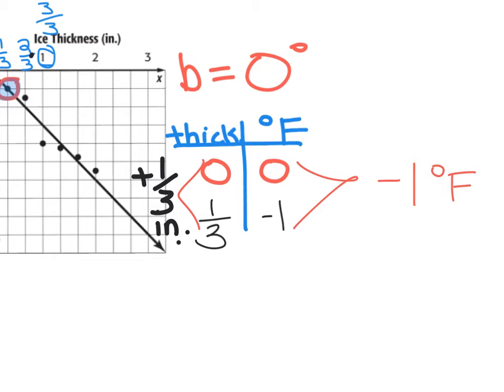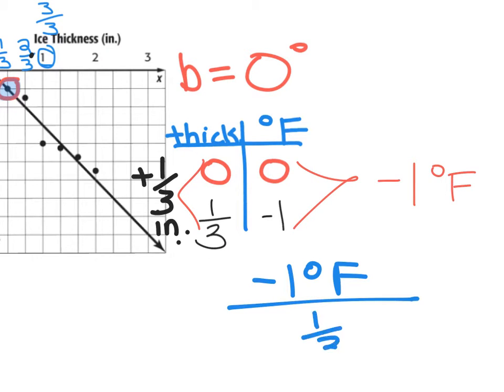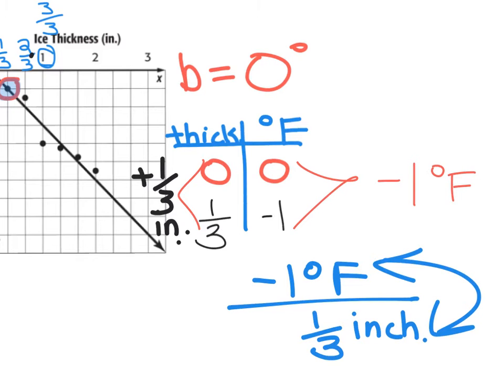Okay, so here is my rate of change. -1 degrees Fahrenheit. For every 1 degree Fahrenheit, I add 1/3 of an inch of ice. So 1 degree Fahrenheit decrease is 1/3 inch of ice.